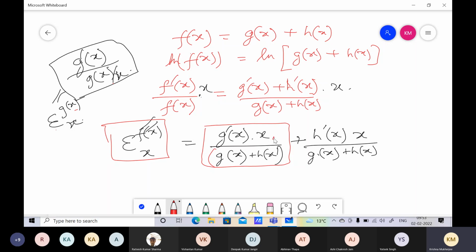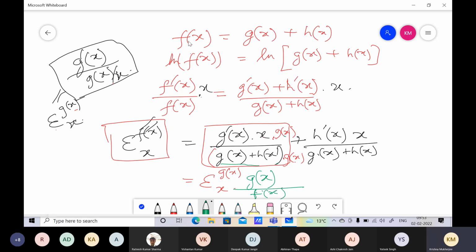So multiply by g(x), divide by g(x), and this division part g(x) by x upon x is equal to E_g(x) by x. And what will remain? g(x) upon both this term and this term will remain. So this into g(x) divided by f(x). Yes.